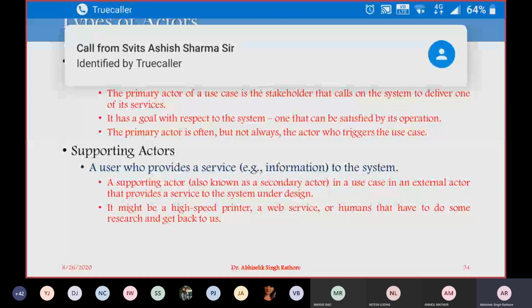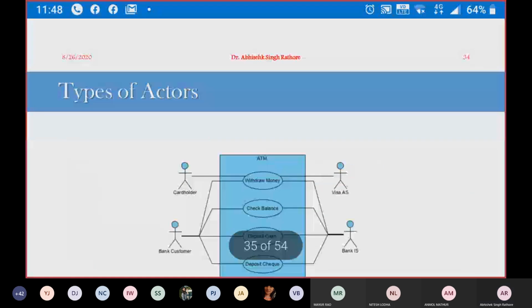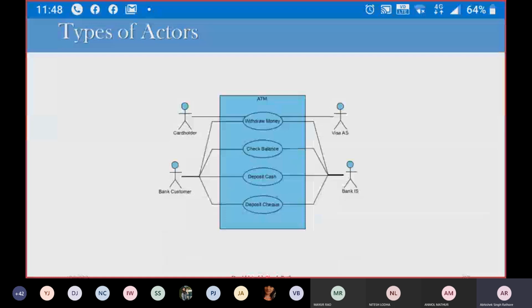Till now, am I audible to all? Okay, fine. So this is just an example to identify who the supporting actors are and who the main actors of the system are. Can anyone say who the supporting actors are and who the main actors of the system are? Anyone?